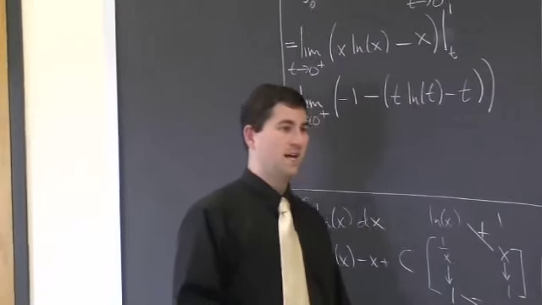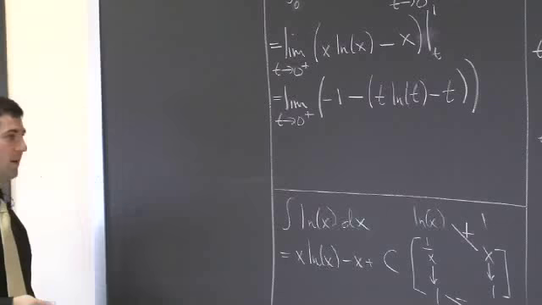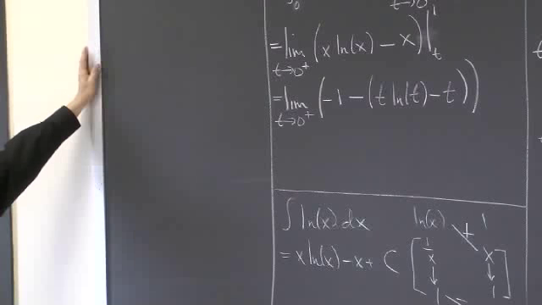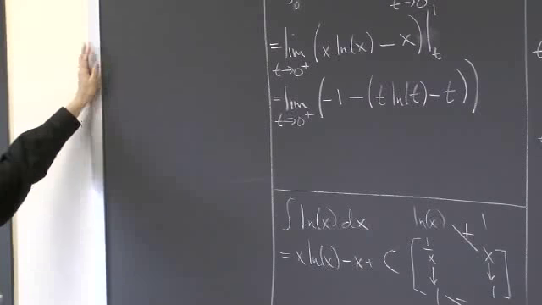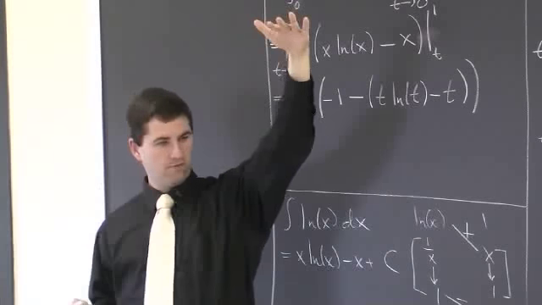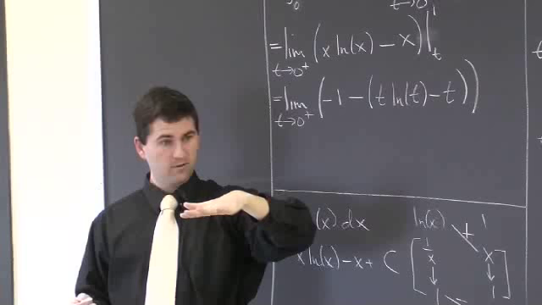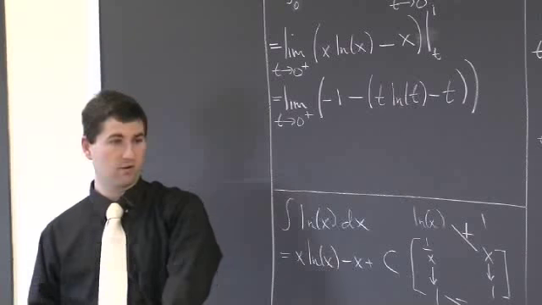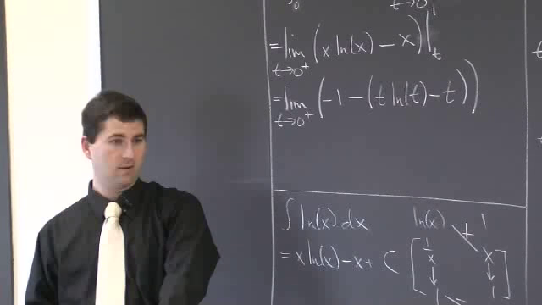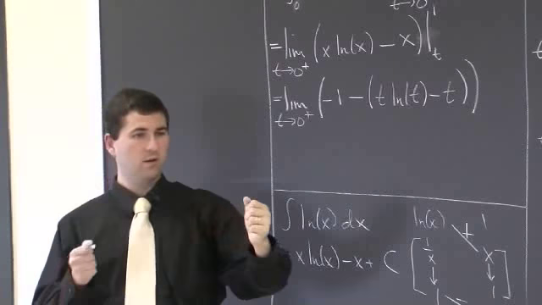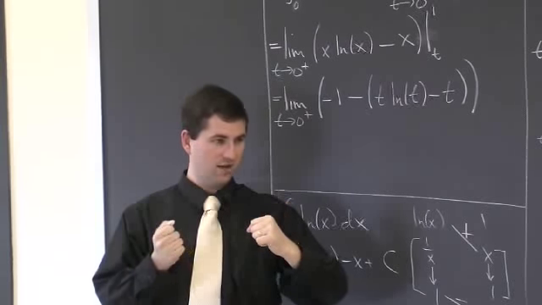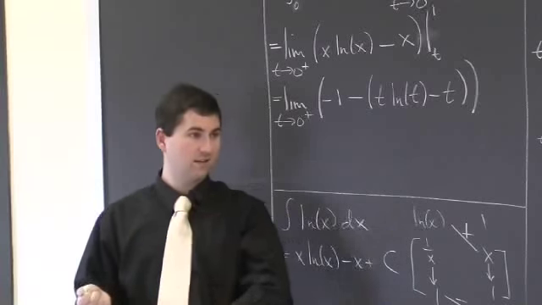Something called L'Hopital's rule. But let's remember the general rule, which is this. Exponential functions grow the fastest, then polynomial functions, then logarithmic functions. So when they're battling against each other, you look and see where they are in that list.